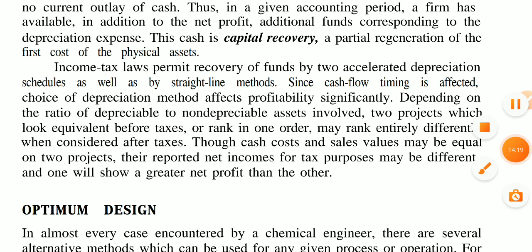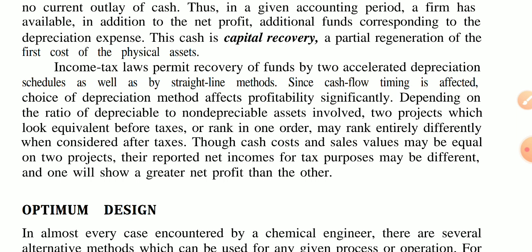Now, depending on the ratio of depreciable to non-depreciable assets involved, two projects which look equivalent before taxes may rank in a different order. Many rank entirely differently when considered after taxes, through the cash cost and sales.